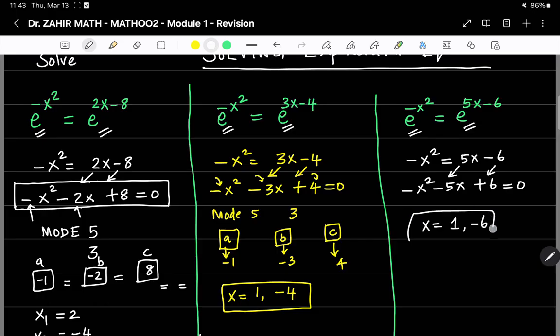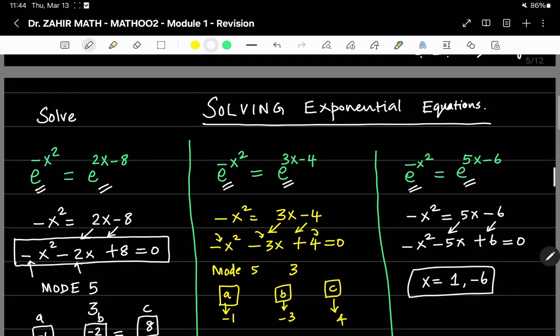Clear? So this way of solving exponential equations is type 1, which is of this model. Keep in your mind. Solve these 3 types of exponential equations.